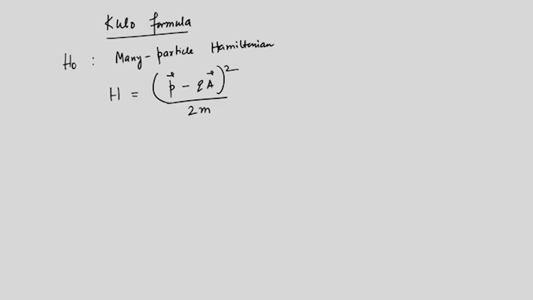One can also talk about the gauge freedom, because the vector potential A can be uncertain by an amount del lambda, where lambda is a scalar function. This is perfectly acceptable because even if you add or subtract the gradient of a scalar function, B equal to curl A is still satisfied.